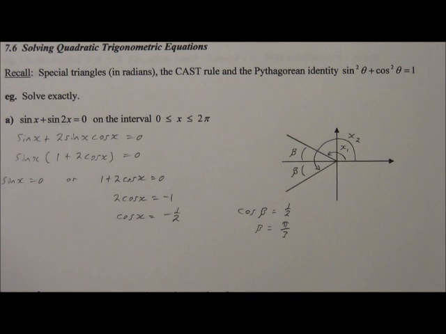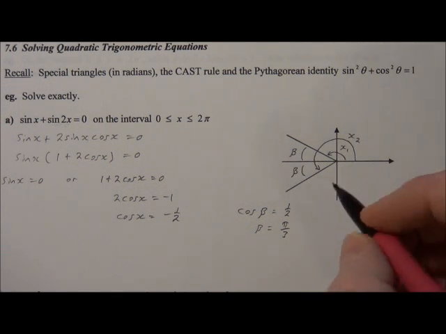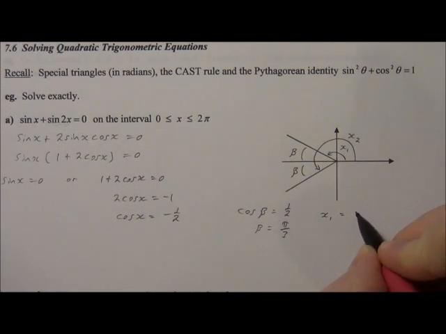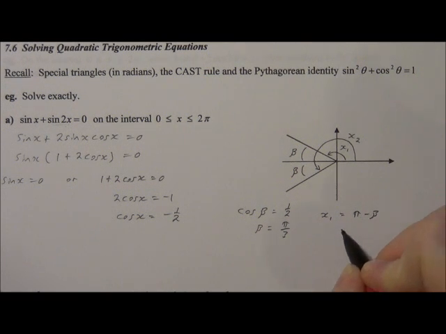So now if beta is pi by 3, then x1 is pi minus beta, which is 2 pi by 3, and x2 is pi plus beta, which is 4 pi by 3.